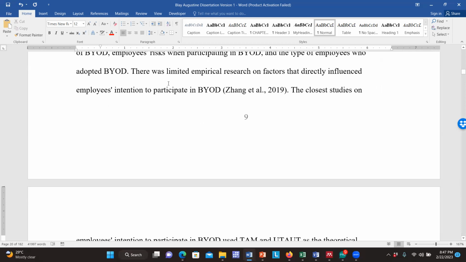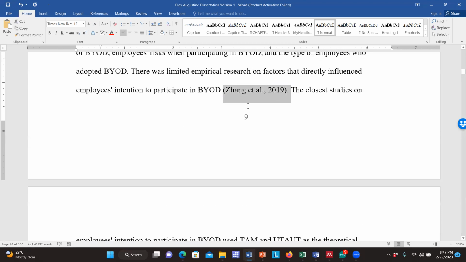Now, there was limited empirical research on factors that directly, this is where he establishes the gap, okay? There was limited empirical research on factors that directly influence employees' intentions to participate in that. And he gave reference to that because this guy, Zhang, noted it.